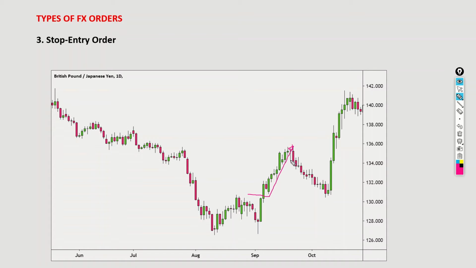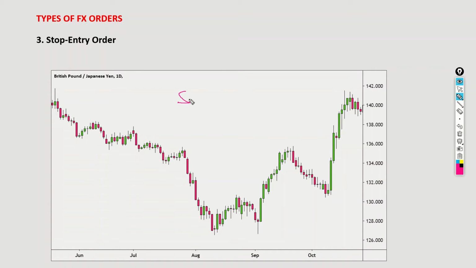For example, here the price fell down, and when it rose again, you say that when the price hits this level, which is the highest level before, it will keep going up. You simply set your buy order there, and when the price hits that level, it keeps going up. That is what we call a buy stop order.